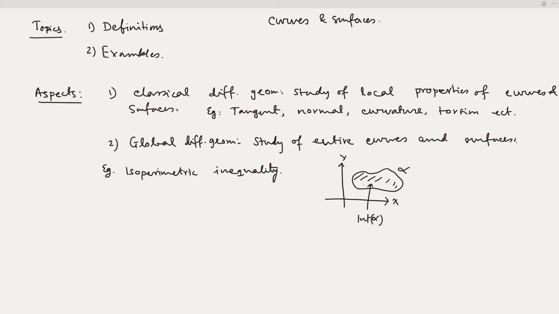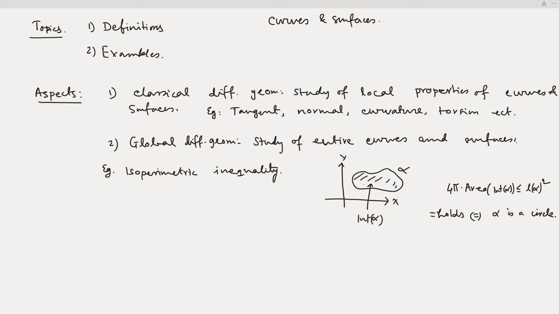Then the isoperimetric inequality says that 4 pi times the area of the interior part of alpha is always less than or equal to the length of alpha squared. Furthermore, equality holds if and only if alpha is a circle.